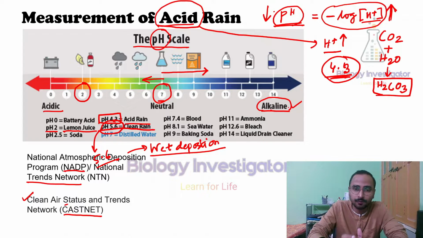So this information is important for you. Wet deposition is measured by the National Atmospheric Deposition Program, NADP, and within this program the National Trends Network measures it, and the dry depositions are measured by the Clean Air Status and Trends Network, that is CASTNet.